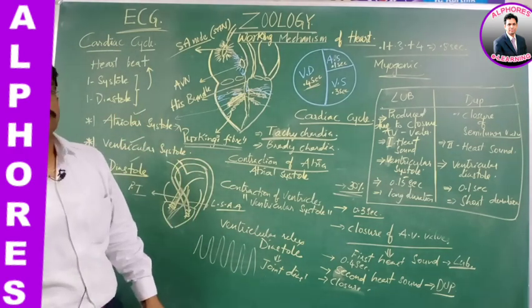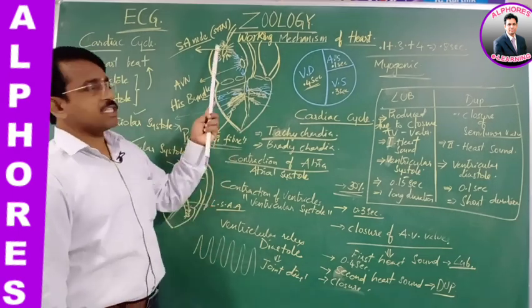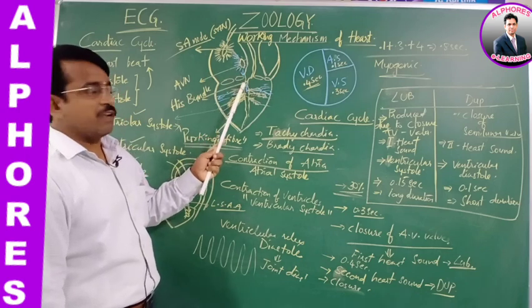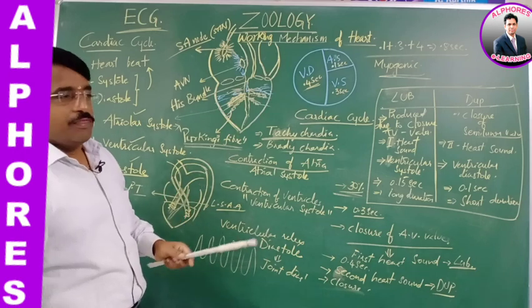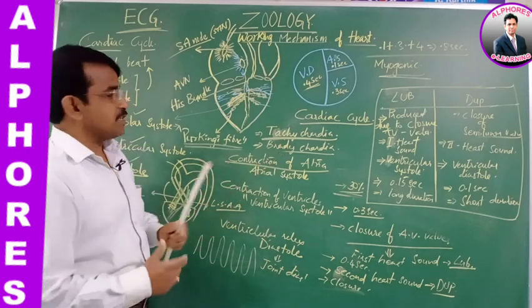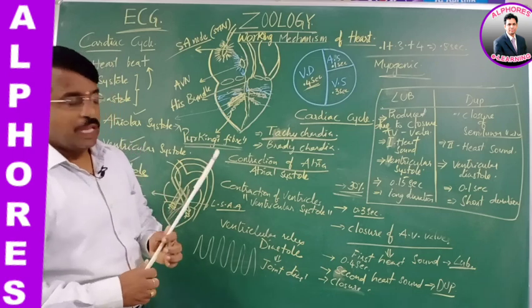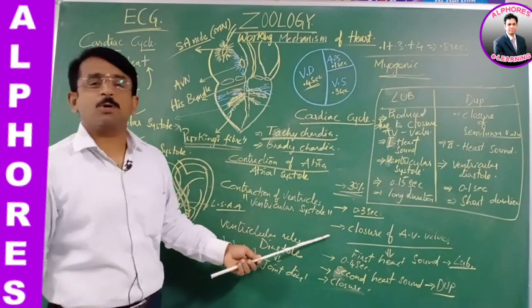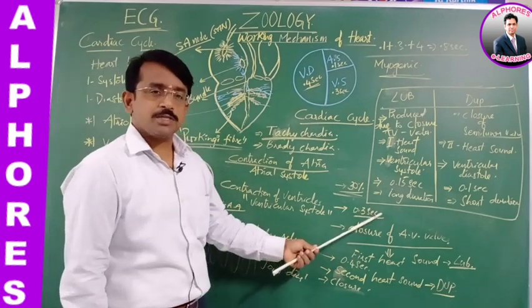Then the wave of contraction from the SA node reaches the AV node, then the bundle of His, the Purkinje fibers, and then the walls of the ventricles. Then the two ventricles simultaneously contract. This contraction of the ventricles is named the ventricular systole, which lasts about 0.3 seconds.